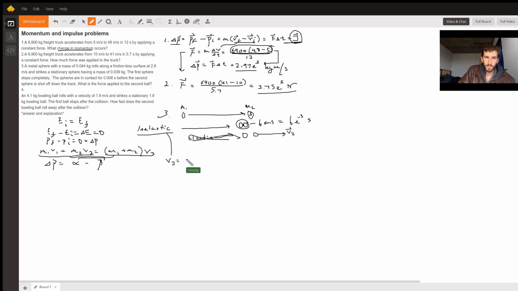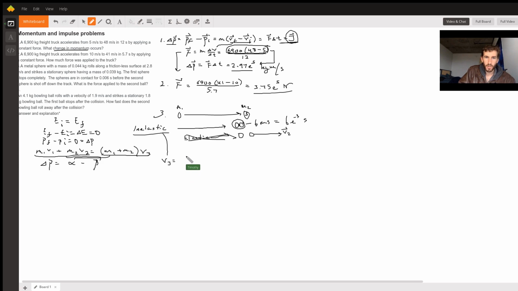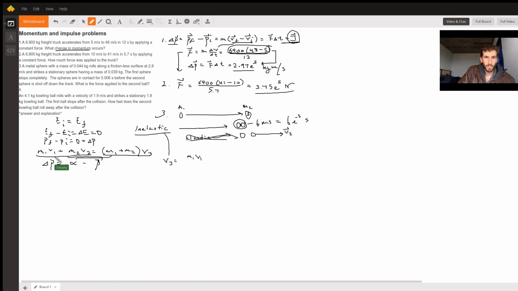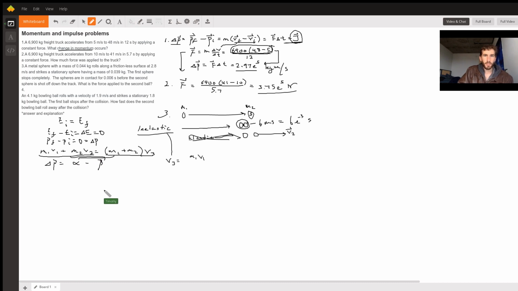So V3 is going to be equal to M1 V1. And by the way, what's V2 here? Okay, I just need to explain this a little more. So this is V1. It's going V1 this way. V2 is actually 0 because the velocity of the second ball before the collision, it's stationary, so it's 0.